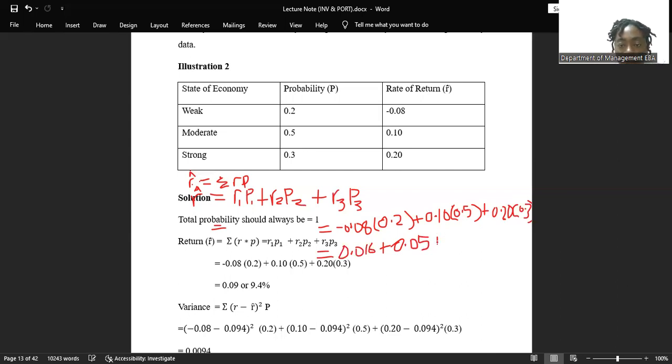Okay, plus the final one is 0.2 times 0.3. I'm getting 0.06. Okay, so what are we getting? We add all. That will be 0.016 plus 0.05 plus 0.06. You're getting 0.126.